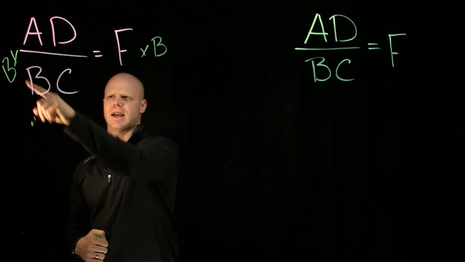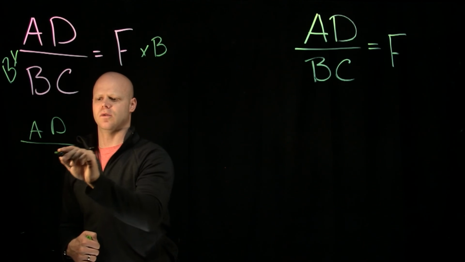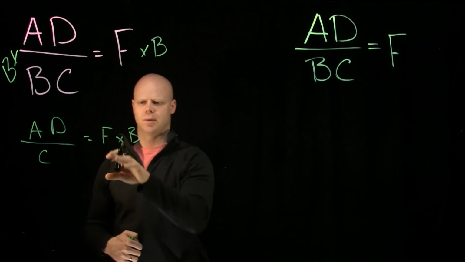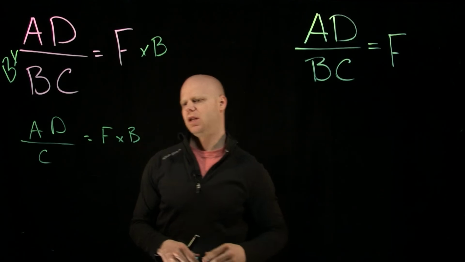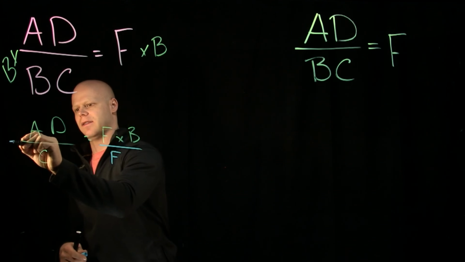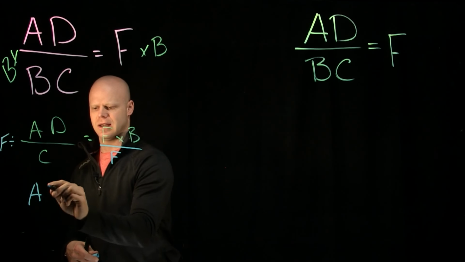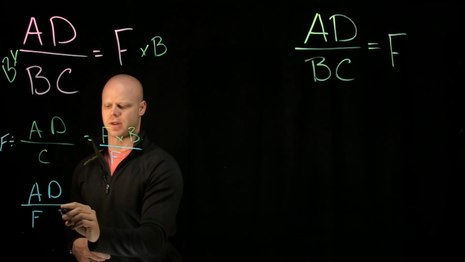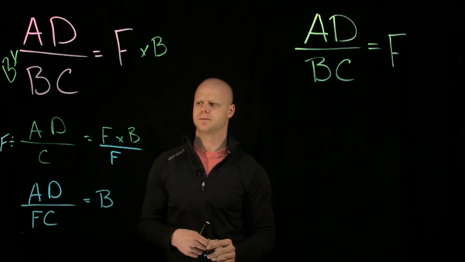And now these cancel out, and we would end up with AD over C is equal to F times B. Well, now F is being multiplied by B, so the next step would be to divide this by F, which will just end up being AD over F. So this F ends up on the bottom. C is equal to B.